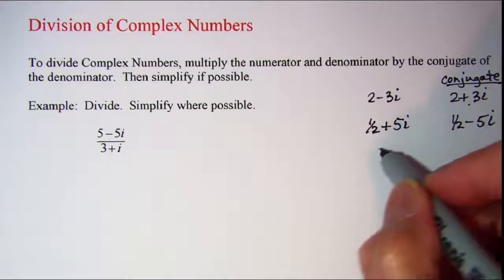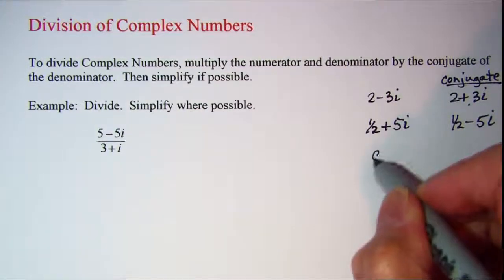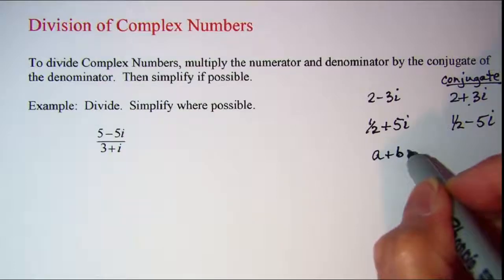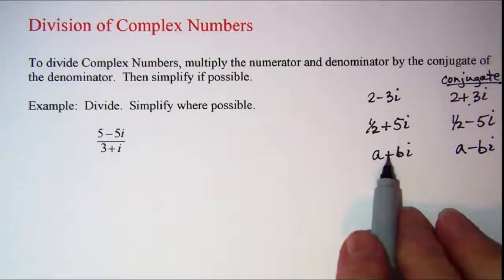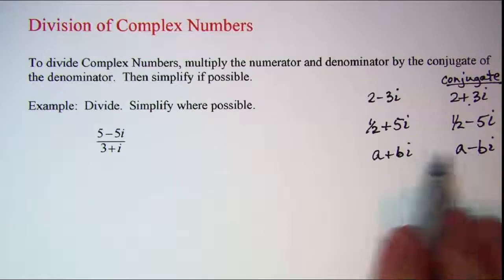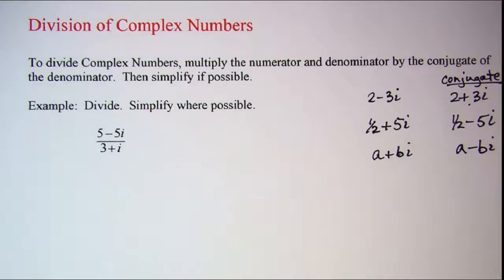So basically, if you have a plus bi, then its conjugate will be a minus bi. So you just change the operation in between the two terms to find the conjugate.